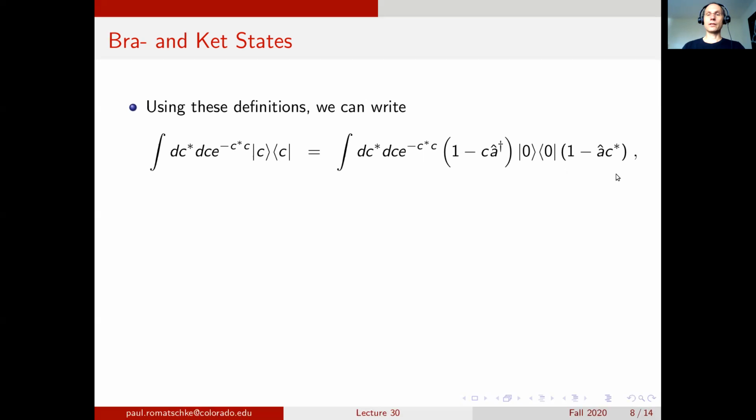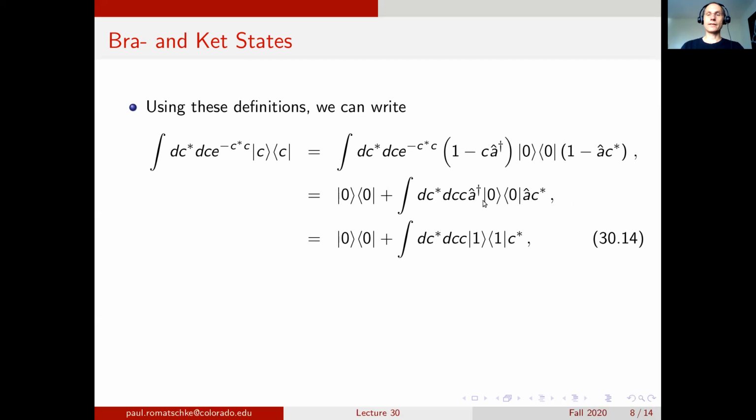And now we use the rules of Grassmann integration to limit ourselves to only the terms that are linear in the fields C and C star. And we find that there are only these two terms remaining. One of them gives us the outer product of just the zero state. And the second gives us the integration over C star and C of this object here.